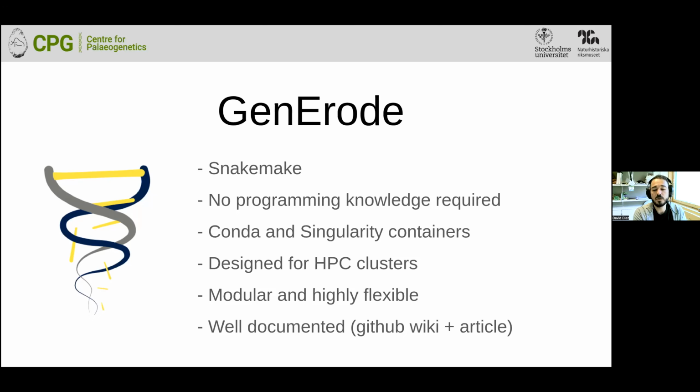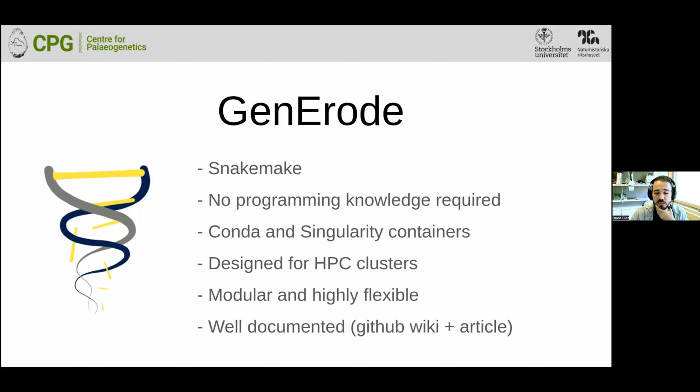We also wanted to make it as modular as we could. So there are different phases of the pipeline that you can run individually. And we always say that it's highly flexible because the amount of customization that you can do when you run the pipeline is also quite large. And it's also very well documented.